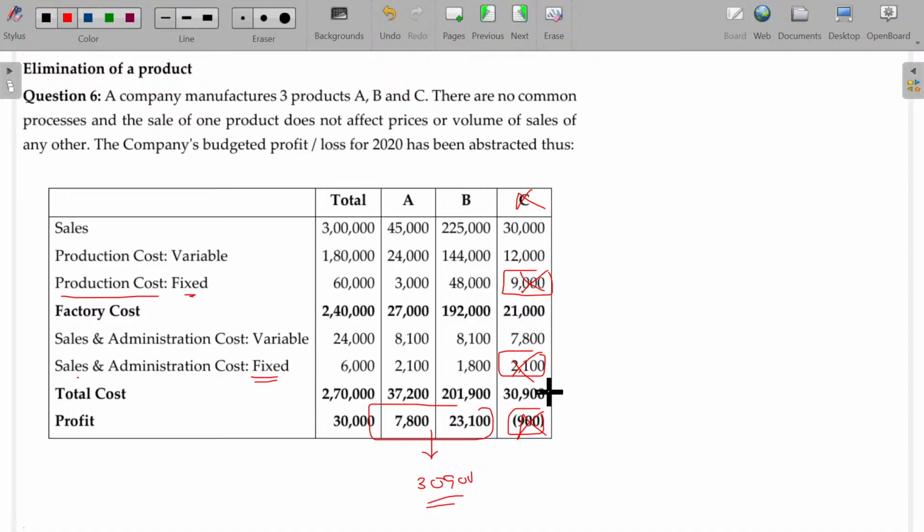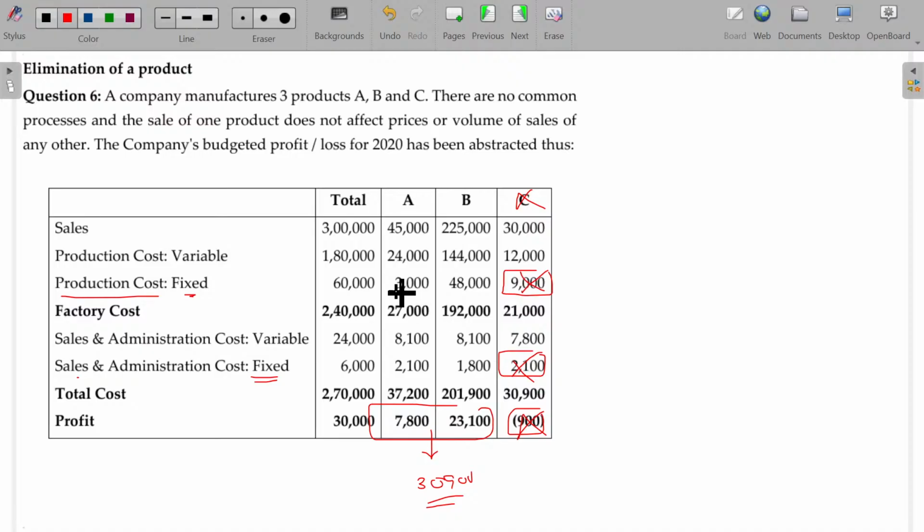That's a problem. I have a showroom with a sales representative taking care of that showroom. If any customer comes, the showroom administration cost as well as salesman cost will be common, right? He just shows the products A, B, C. Whatever product is demanded by the customer, he can sell either A or B or C. If you stop selling C, still you need to have the same showroom, same salesman.